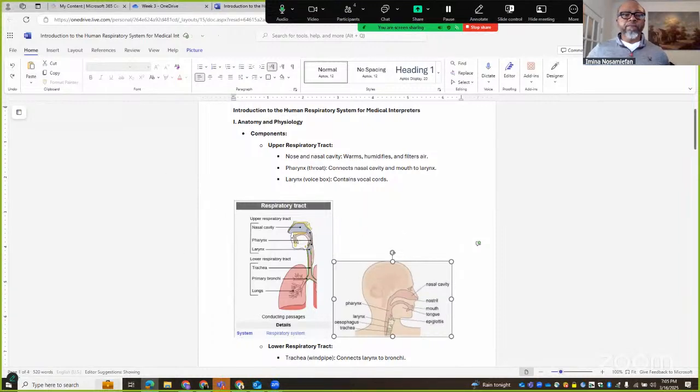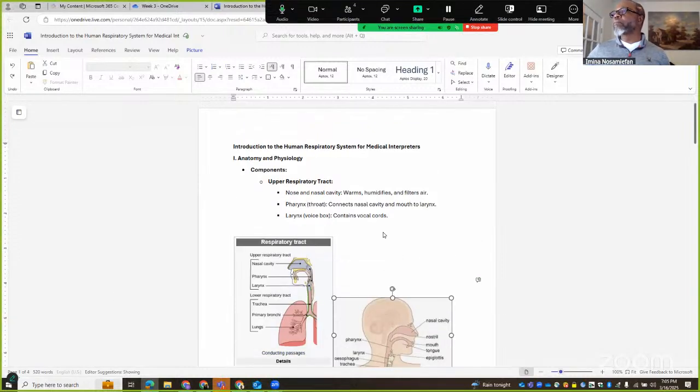Okay, well, all right, let's get back to it. So the respiratory, well, anatomically we divide the respiratory tract into the upper system or tract. Okay, we can call it tract or system. Make it bigger, please.